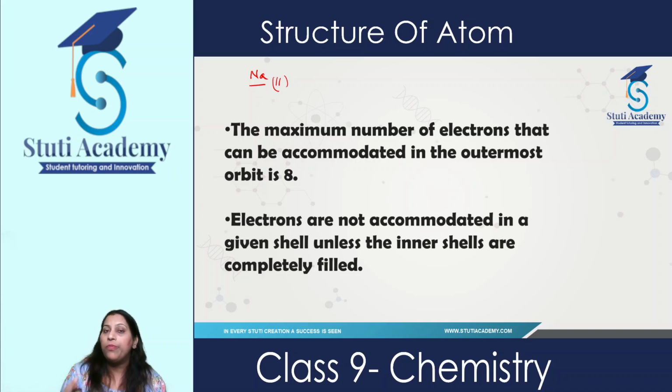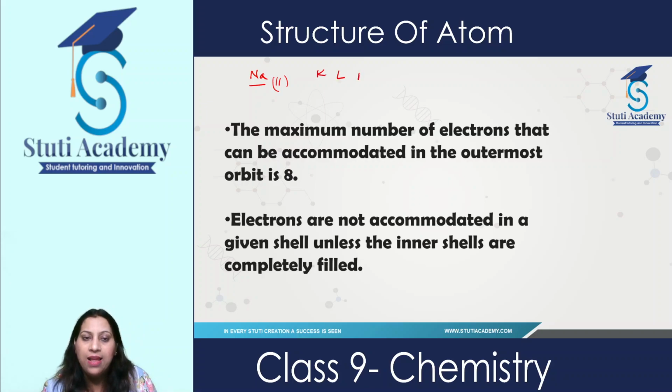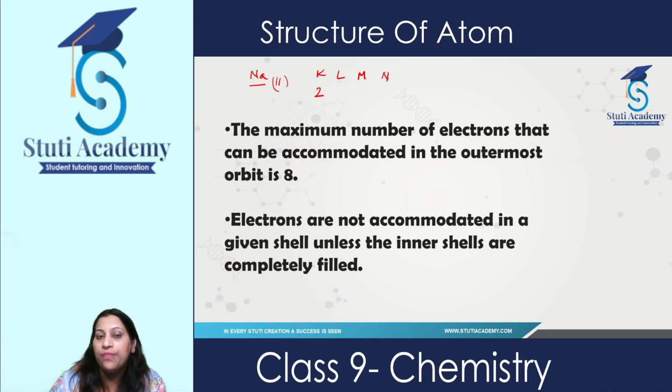So according to Bohr's rule, K, L, M, N are the energy shells, and in K only 2 electrons can be accommodated, and in the outermost shell 8 electrons can be accommodated. So first we write 8, and it is completely filled.